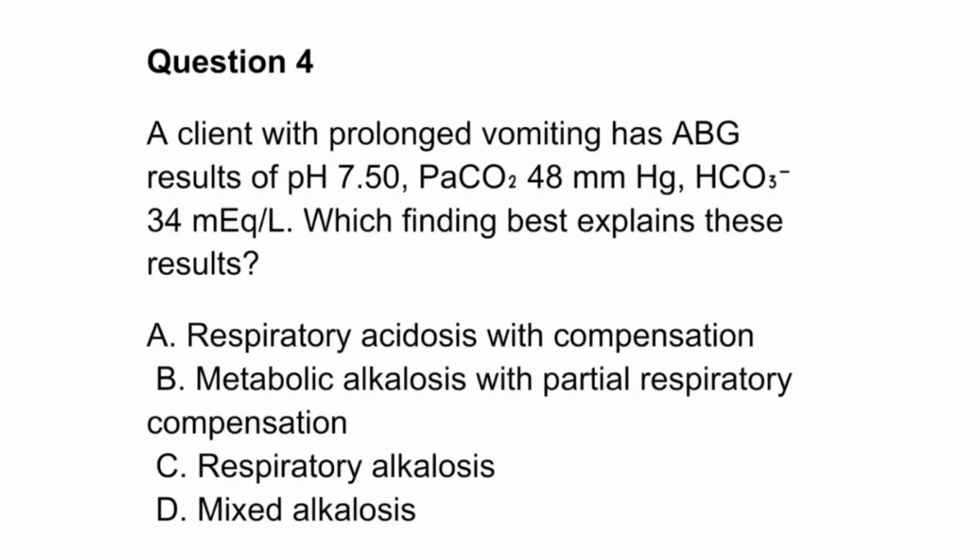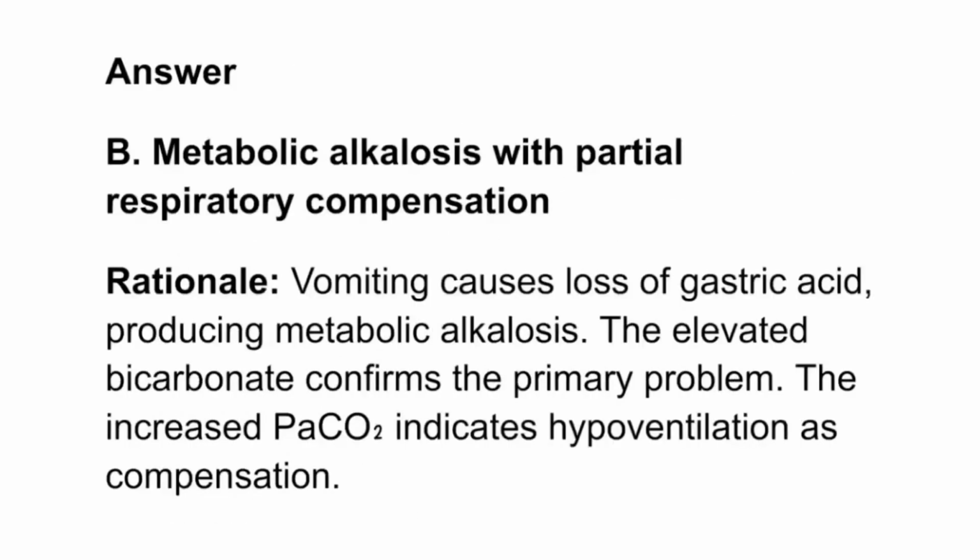C. Respiratory alkalosis. D. Mixed alkalosis. Answer. B. Metabolic alkalosis with partial respiratory compensation. Rationale. Vomiting causes loss of gastric acid, producing metabolic alkalosis. The elevated bicarbonate confirms the primary problem. The increased PaCO2 indicates hypoventilation as compensation.